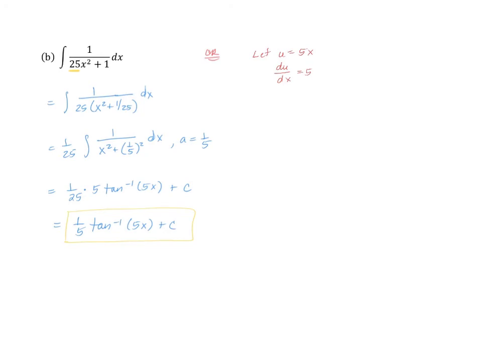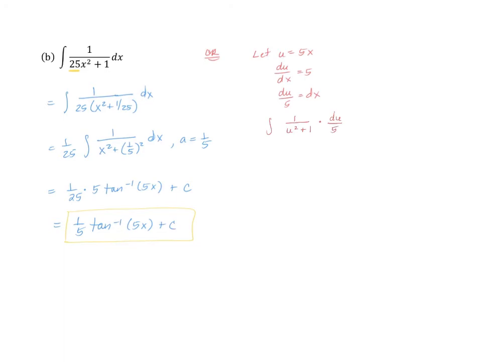Or in other words, du over 5 is equal to dx. So my integral is going to be equal to the integral of 1 over u squared plus 1, and the dx is du over 5.